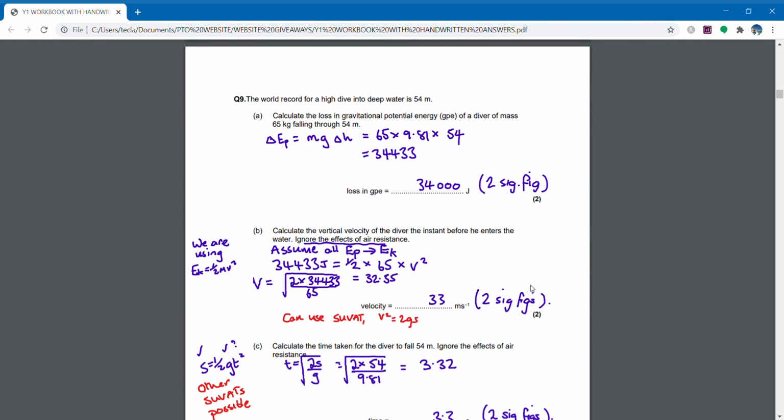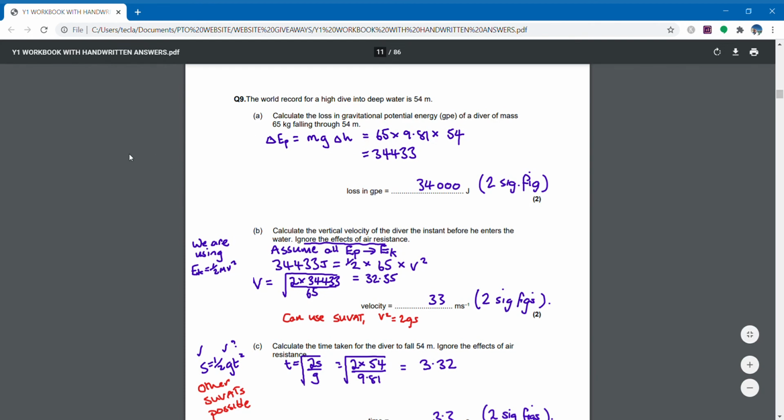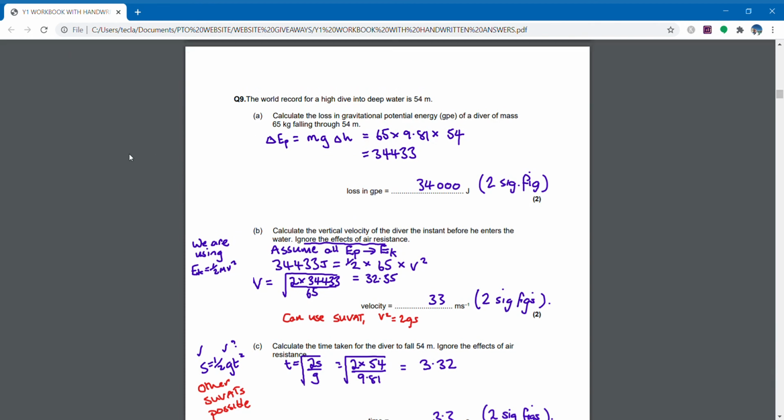Question 9. The world record for a high dive into deep water is 54 metres. Calculate the loss in gravitational potential energy of a diver of mass 65 kilograms falling through 54 metres. So we're going to use change in gravitational potential energy equals mg delta h.